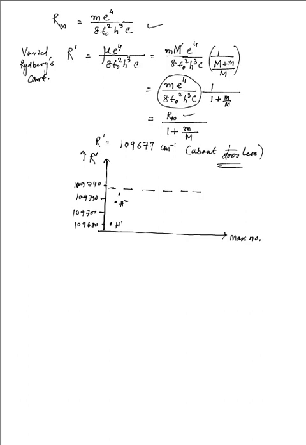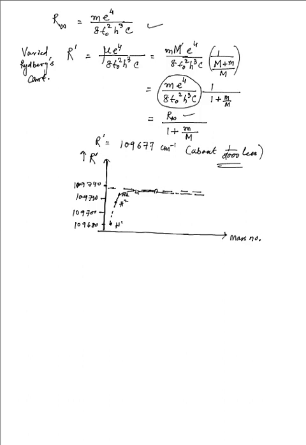This is probably for helium, then for lithium, oxygen, likewise. And what it does, it moves like this, the value changes asymptotically, doesn't go above that. This is the nature of the variation that we obtained.